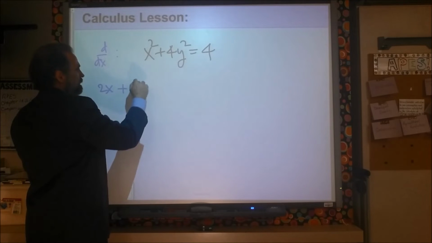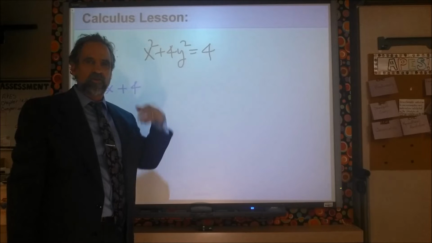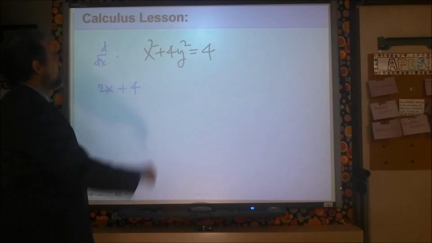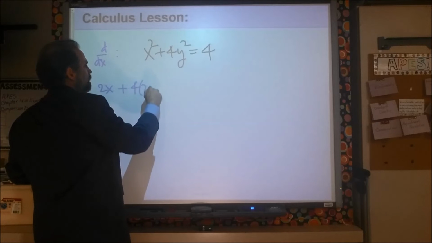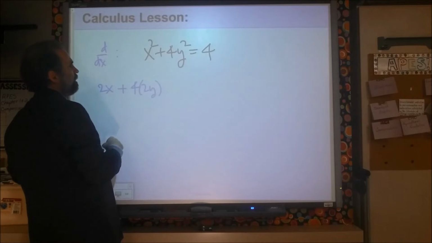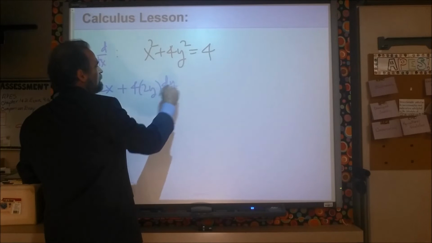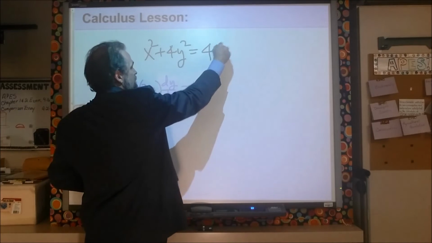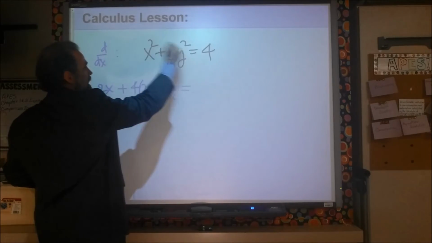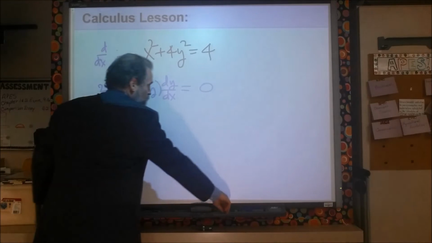Plus 4, that constant, as we know now, for all the derivatives, can be pulled right out in front and ignored, and then do the derivative behind it. So the derivative of y squared is 2y to the 1, right? And then derivative of y with respect to x is dy dx. And the derivative of any constant, that's x to the 0, so that's 0 dx dx, or 0.